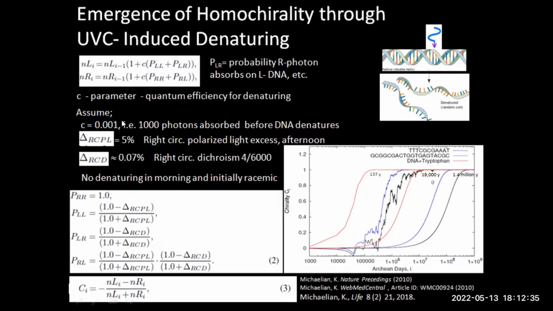So even with these very small amounts of extra circular polarized light in the afternoon, 5%, and even this very small difference in the absorption of this circular polarized light for left or right-handed DNA, it still takes very little time, 137 years for example, in this case that we have tryptophan together with DNA, in order to get 100% homochirality.